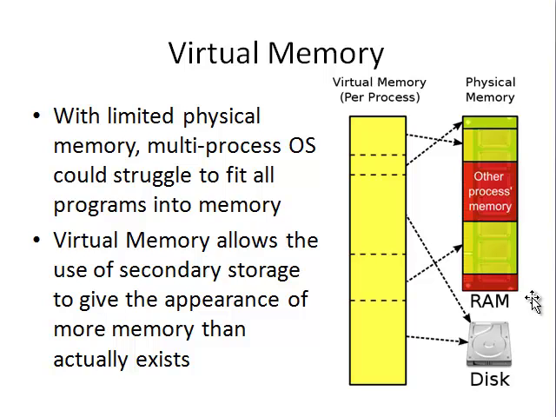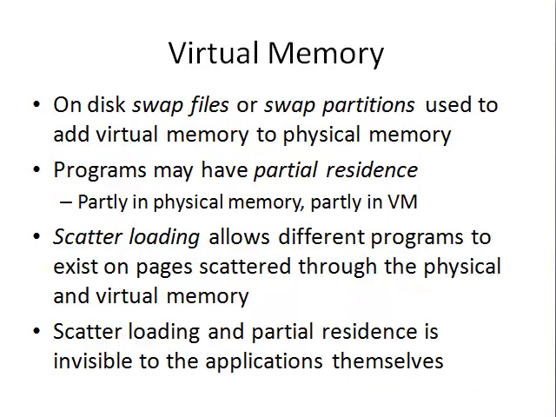Virtual memory allows the use of secondary storage, the hard drive, as an extra memory space, and it gives the appearance of more memory than actually exists. On the disk, swap files or swap partitions are used to add virtual memory to the physical memory.